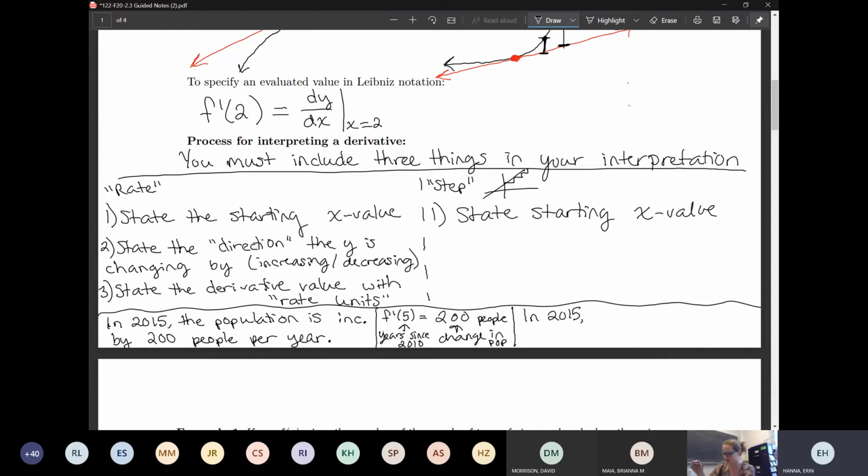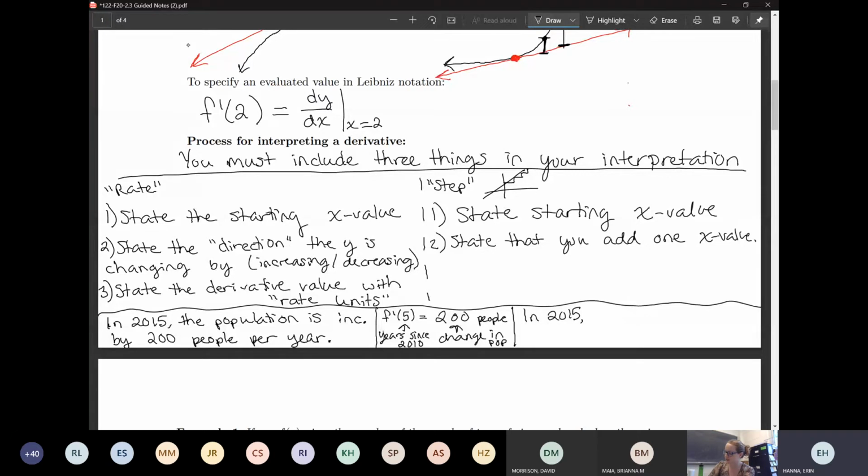And this is, again, a tiny bit of a review, but I don't think we've ever written it out in this much generality, so here it is. Whereas if I want to go the step way, the second thing I need for the step way is you need to essentially state that you add one x value. So in this case, the x values are years.